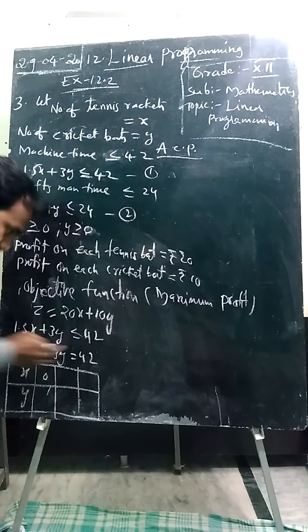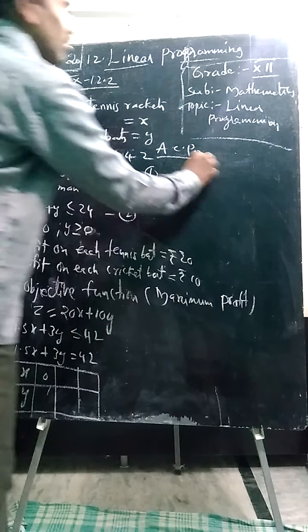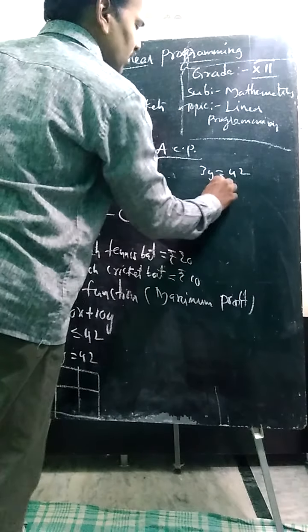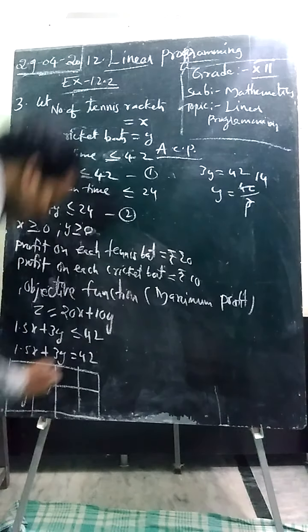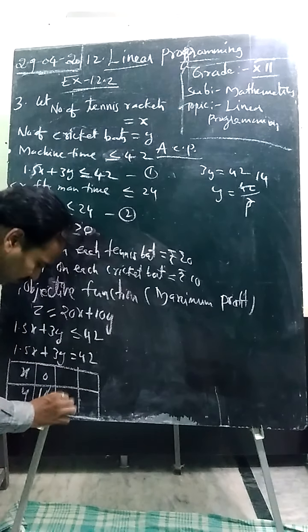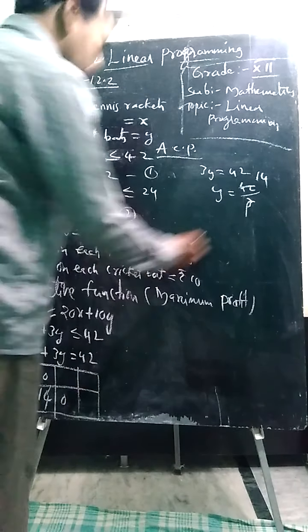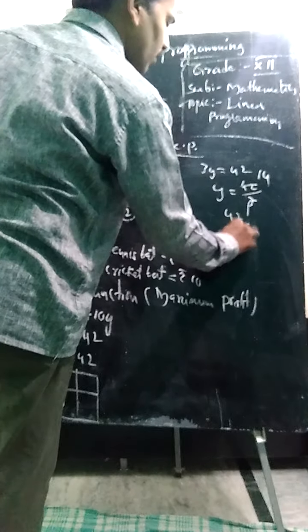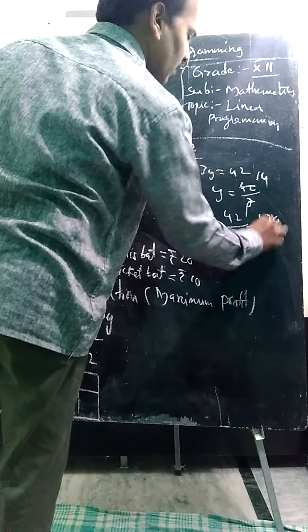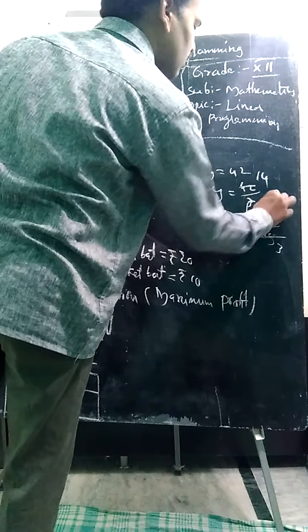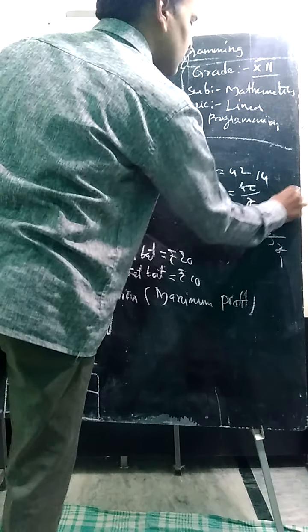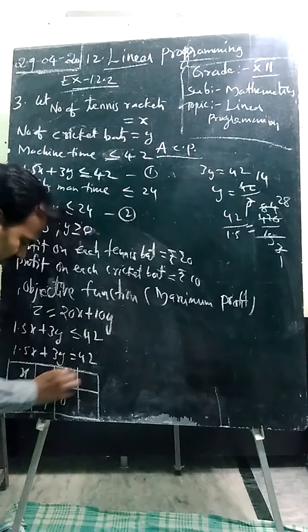If you take x as 0, 3y is equal to 42, which means y is equal to 42 by 3. 3 14s are 42. So we get here 14. But if you take y as 0, students, we get here 42 by 1.5, that is equal to 420 by 15. So here we get 28.